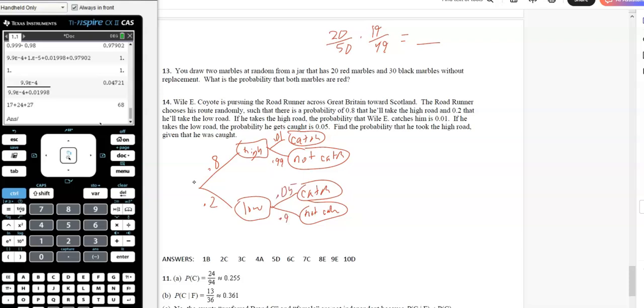The question: the probability he took the high road, given that he was caught. So we're looking at this one and this one for sure.